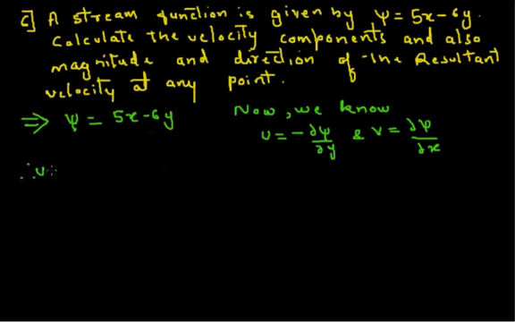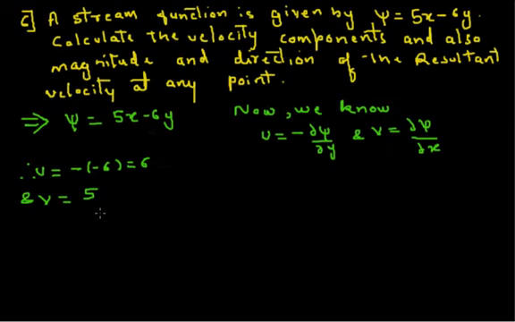Therefore u would be equal to minus del psi by del y, which is minus of minus 6, so it's equal to 6, and v is equal to del psi by del x, that is 5. Now these are the components of velocities.